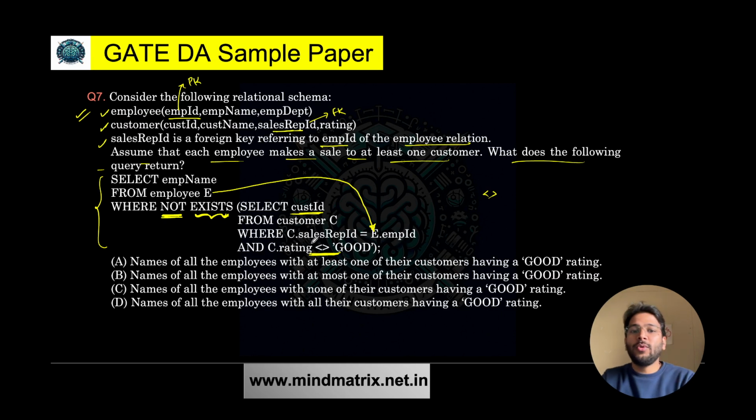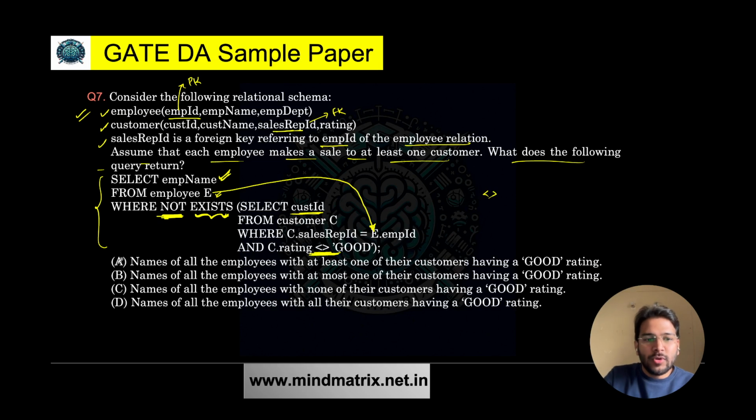So basically we need to find what? Do we have any employee whose all customers have given a good rating? Okay, so this not is going to be negated by this one. So basically we need to find the name of all the employees from employee table E with all their customers having a good rating.